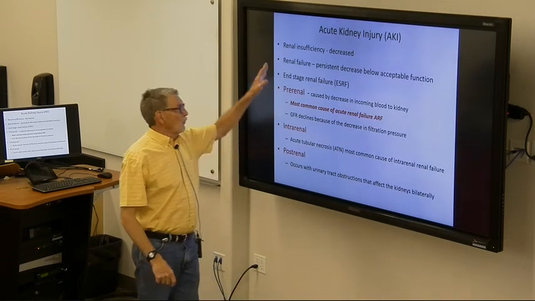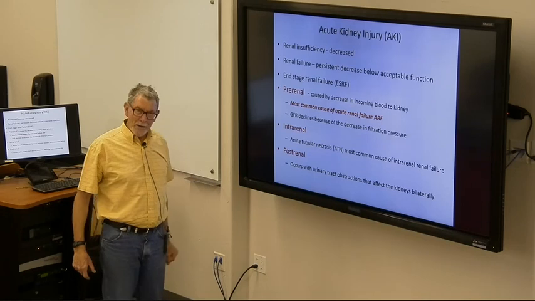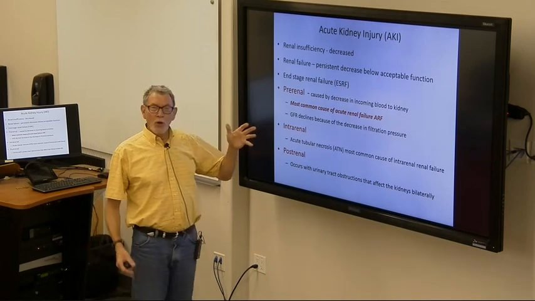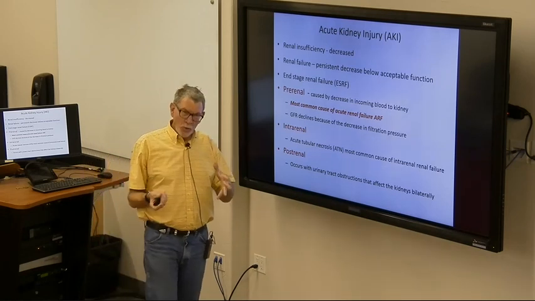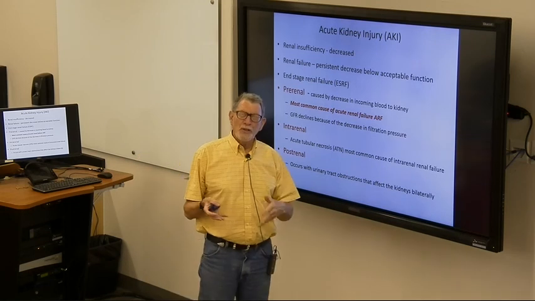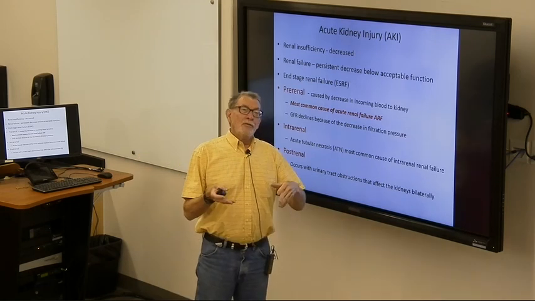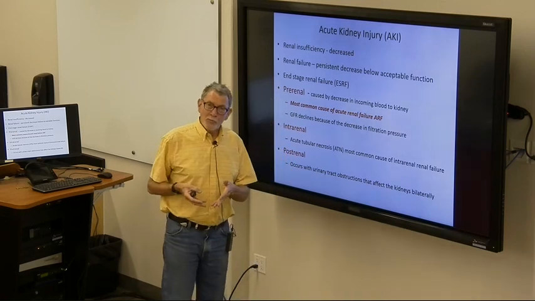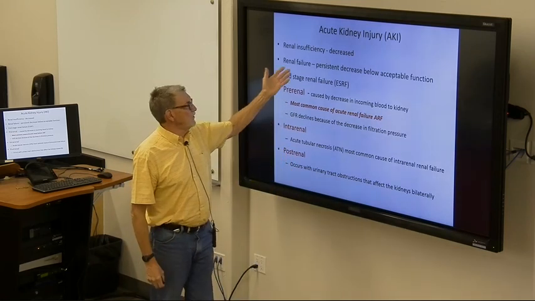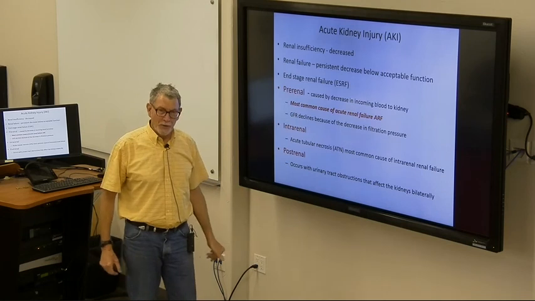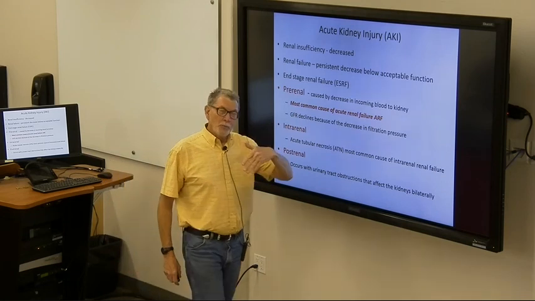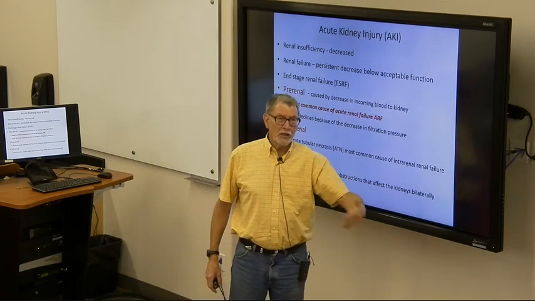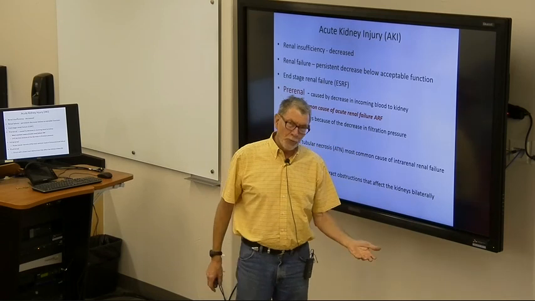I mean, there are a number of ways that you can damage the kidney, and it will cause renal deficiency or renal failure that is often temporary. It can heal, but for a while you will be in some kind of renal failure. If it becomes extensive, it can be irreversible.